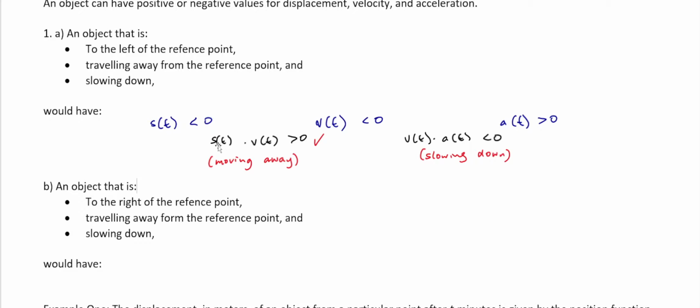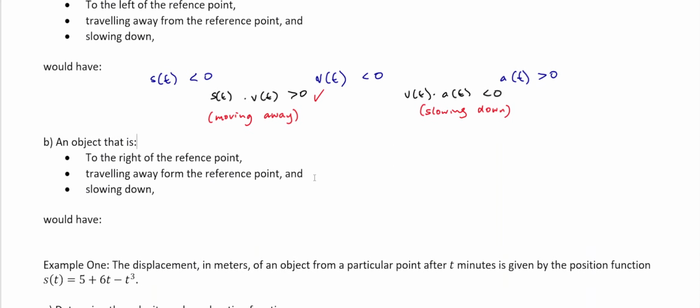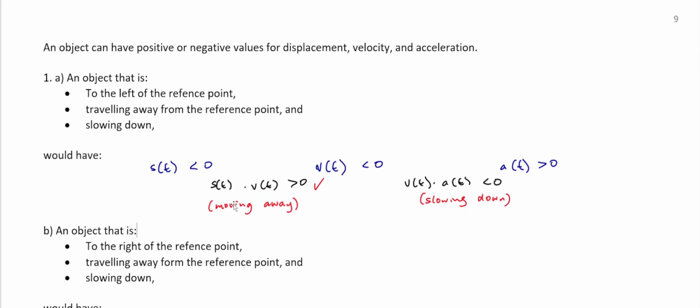And we can verify that with all our products that we discussed up here in the note. If it is traveling away from the reference point, then both the position and the velocity function have to have the same sign. So in this case, if it's to the left of the reference point and moving away from it, the position function and the velocity function are both negative. And when you multiply them together, they make a positive number, moving away.